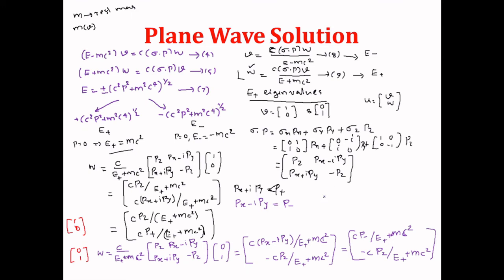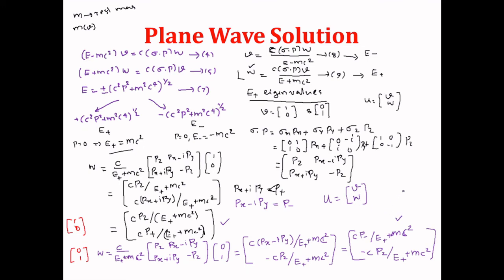So now we can complete the U matrix, because U is V, W. For V equal to (1, 0), the W value is this particular one, and for V equal to (0, 1), the W value is this particular one.